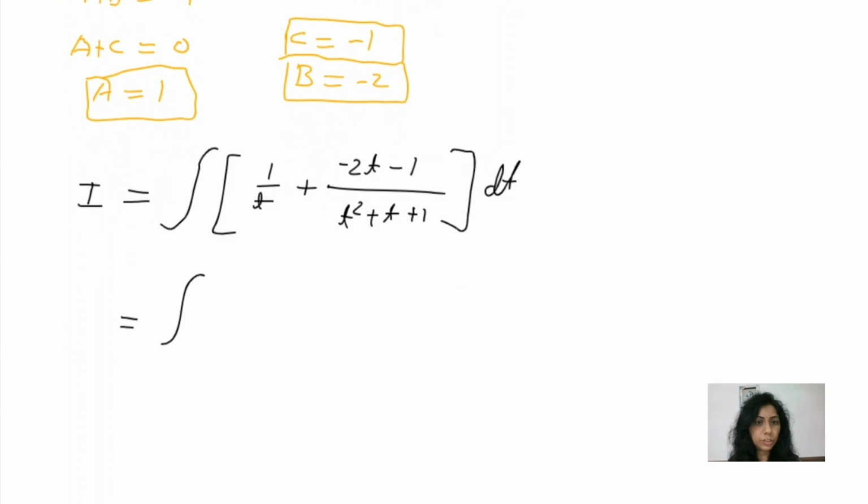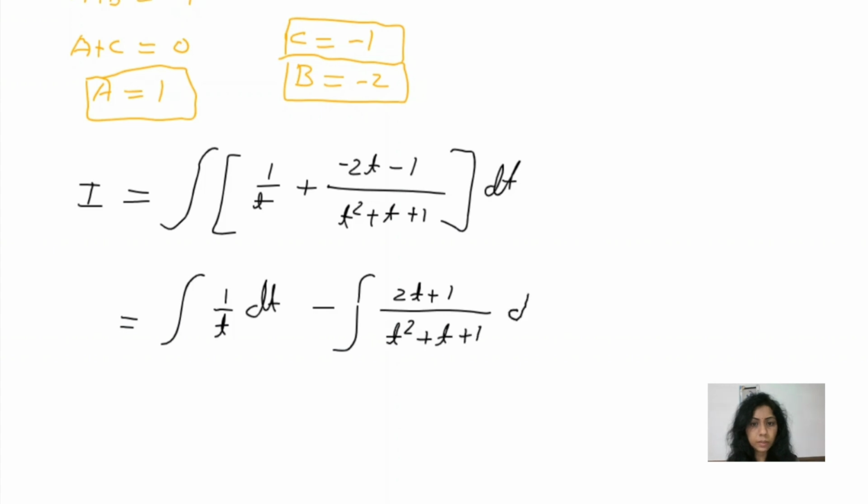So integration of 1 upon t dt, and separately, here it is negative, so we take negative common: integration of 2t plus 1 over t square plus t plus 1 dt.